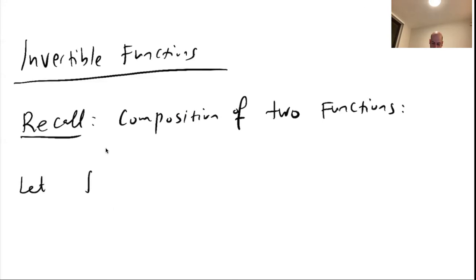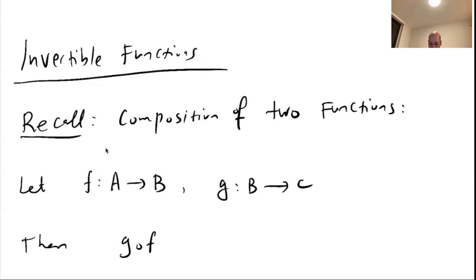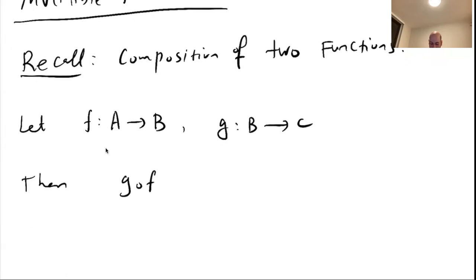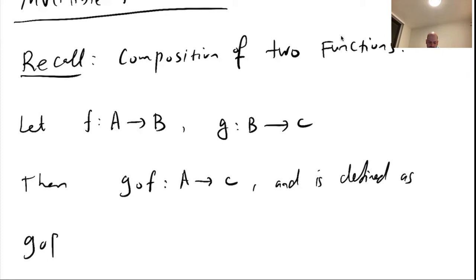Let's say f from A to B, and g, let's say from B to C. Then g of f will be from A to C, and is defined as g of f of x is defined as g of f of x.